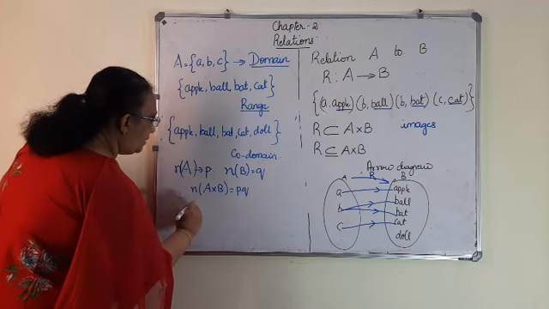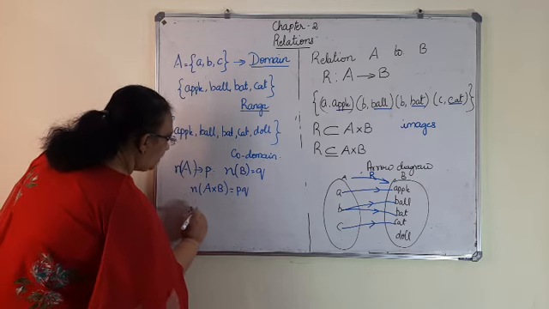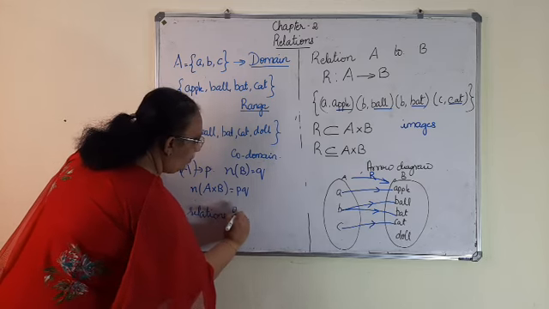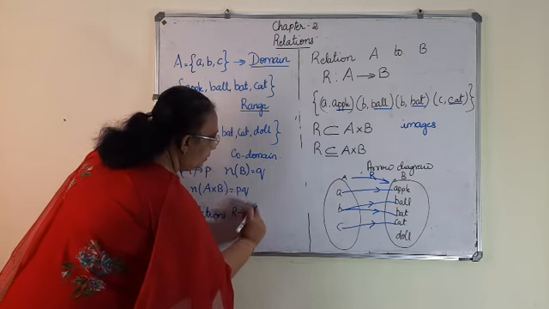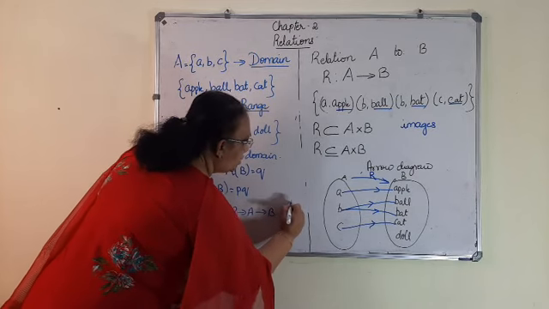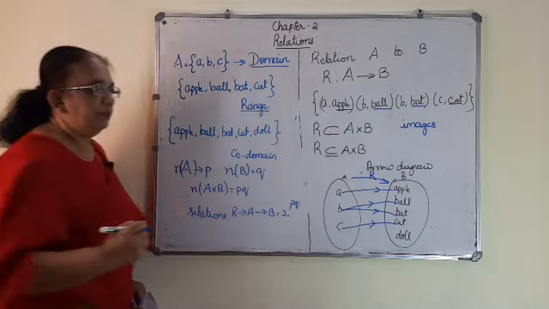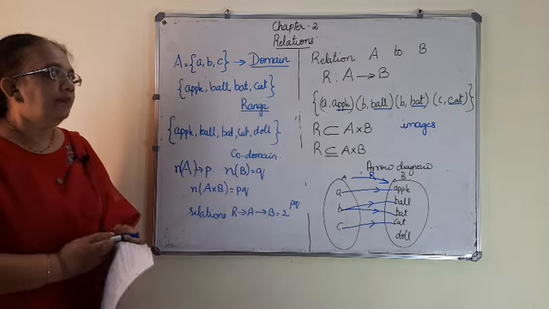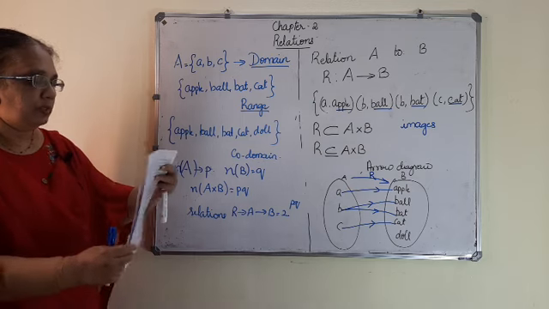And the number of subsets, or the number of relations from A to B, will be 2 raised to P into Q. Now we will study some problems related to this section.